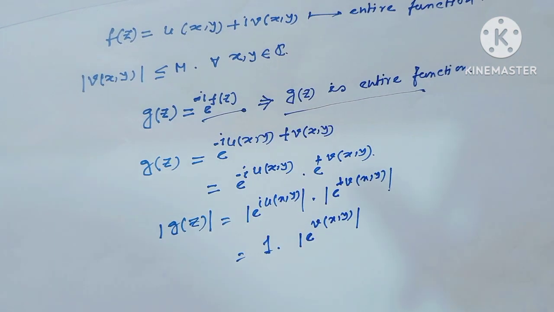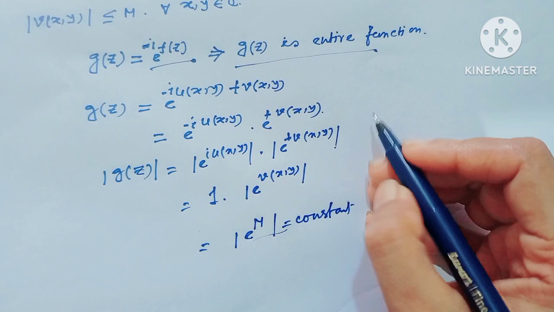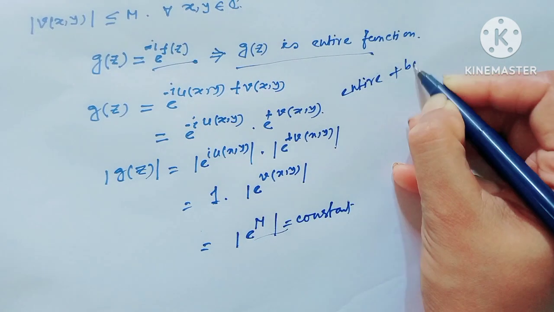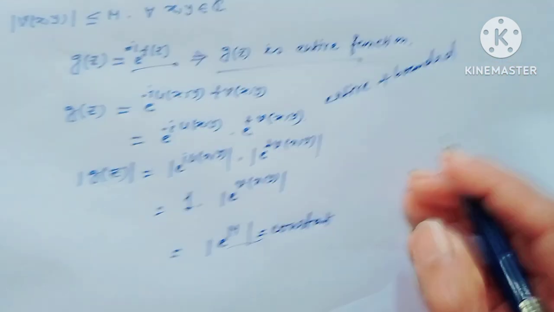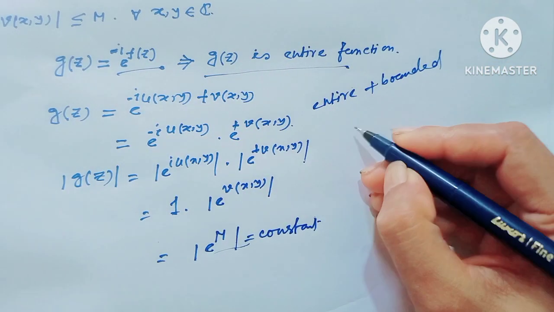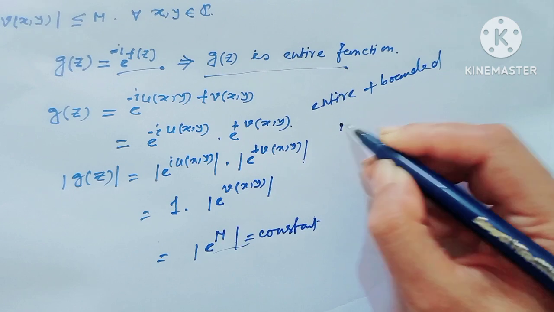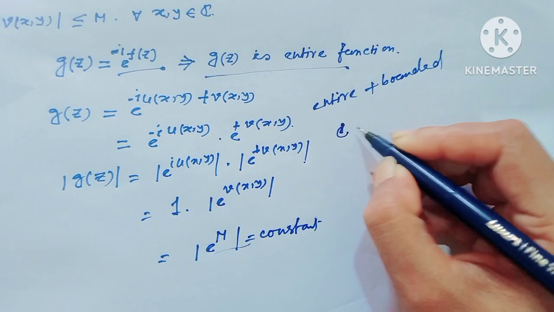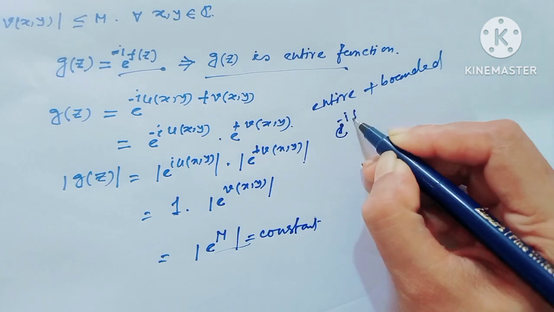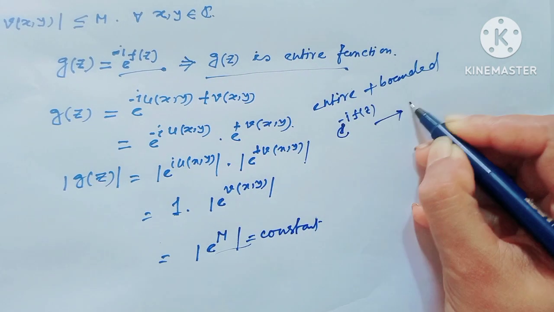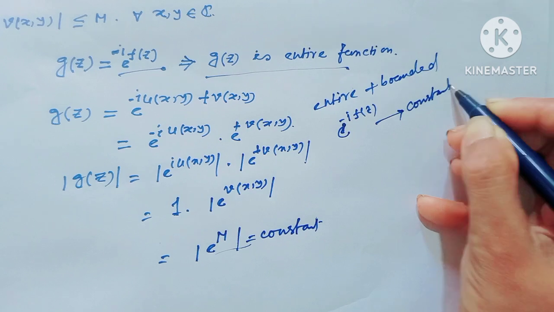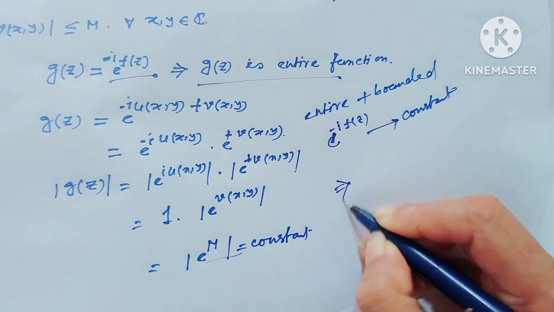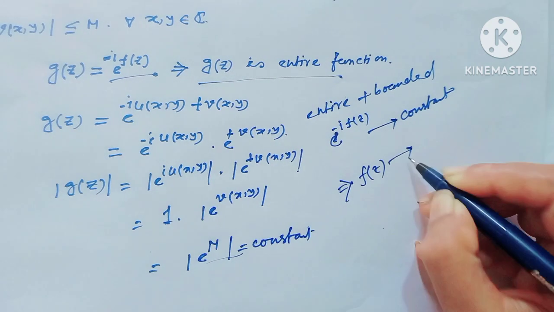So, since this function g(z) is entire and bounded, by Liouville's theorem we can tell e to the power minus i f(z) is a constant function. And since e to the power minus i f(z) is constant, that implies obviously f(z) is constant.